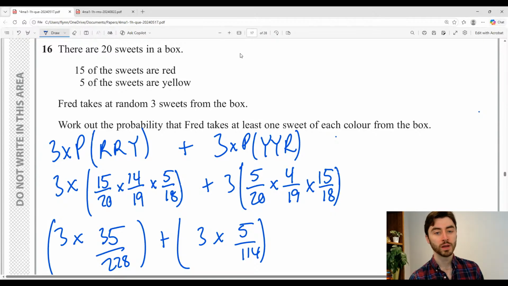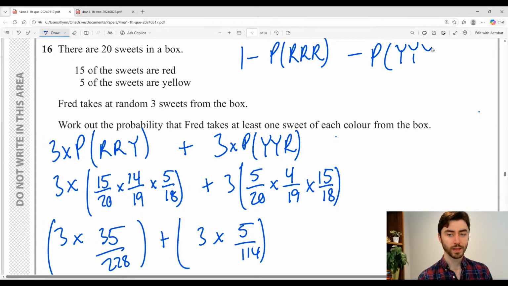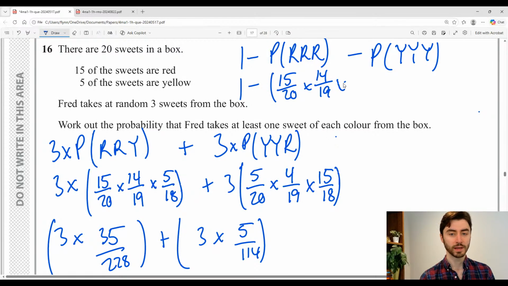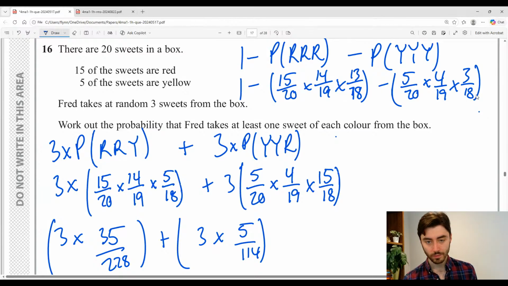So in other words, it's 1 minus the probability of red, red, red, minus the probability of yellow, yellow, yellow, which is, say that 10 times fast. That actually makes the math easier, because then it's 15 over 20, 14 remaining reds out of 19 remaining sweets, 13 remaining red out of 18 remaining sweets, and minus the 5 out of 20 times the 4 remaining out of 19 remaining times the 3 remaining out of now 18 remaining sweets. And that makes your math a little bit easier.